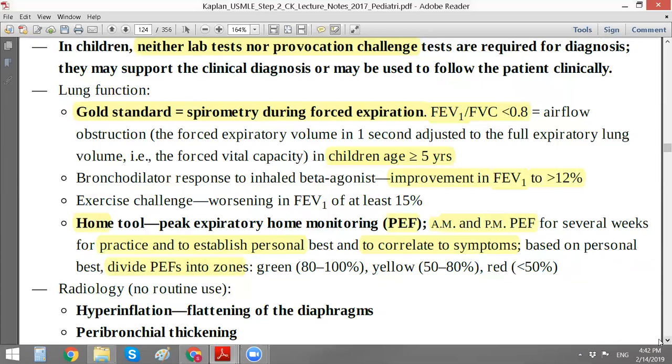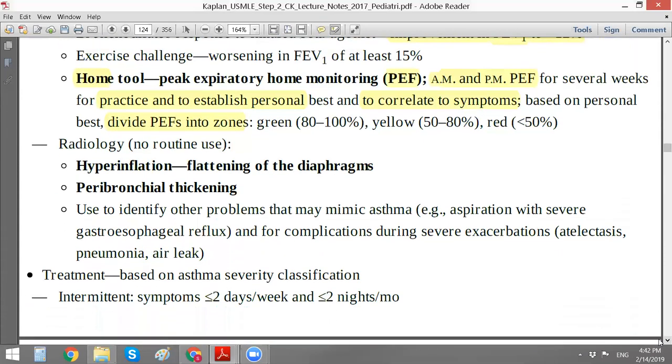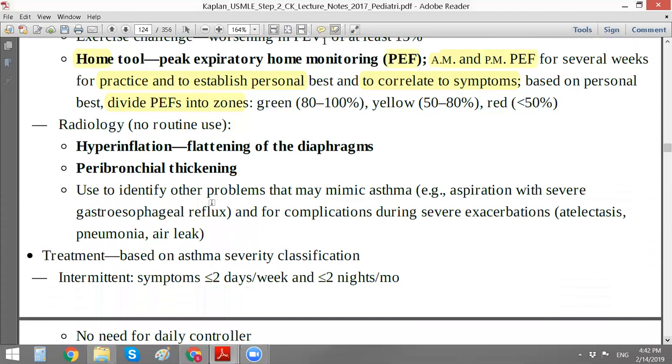So this is PEF, home monitoring. On chest X-ray: hyperinflation and peribronchial thickening, usually from asthma, aspiration, GERD, or other severe exacerbations.